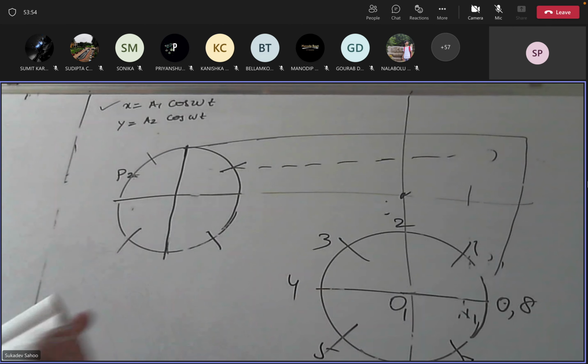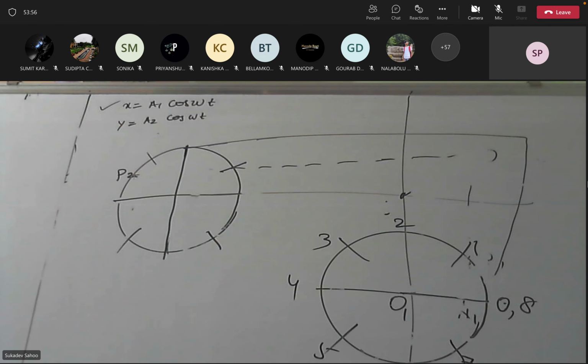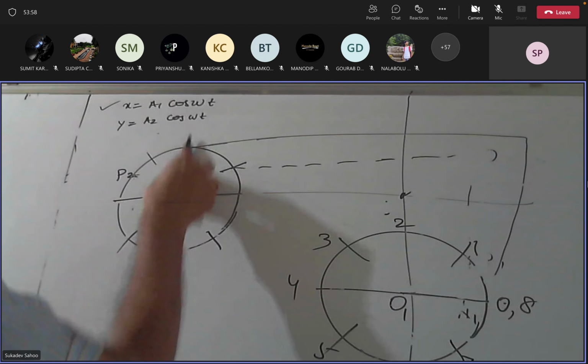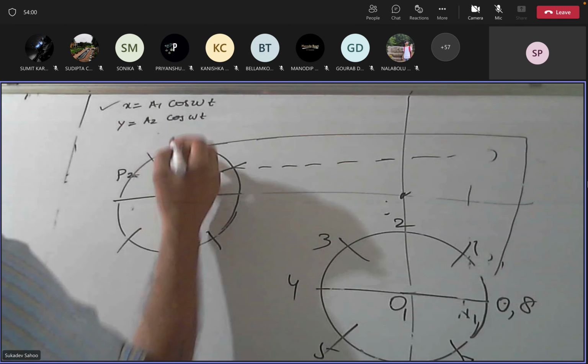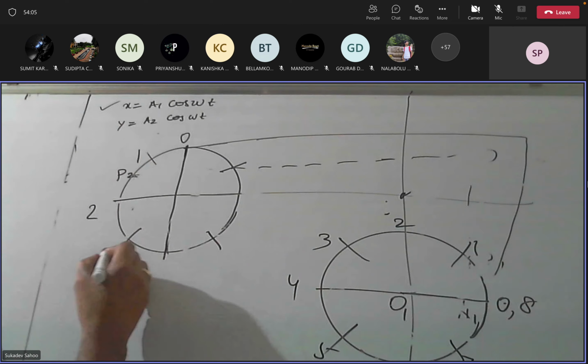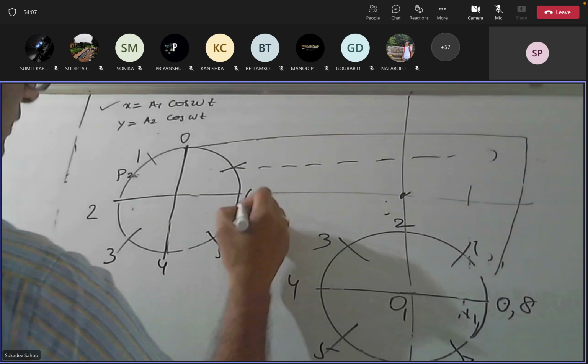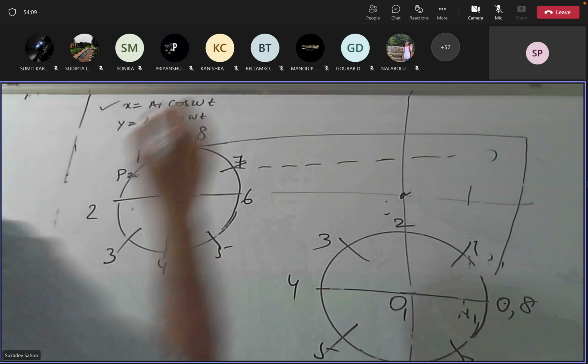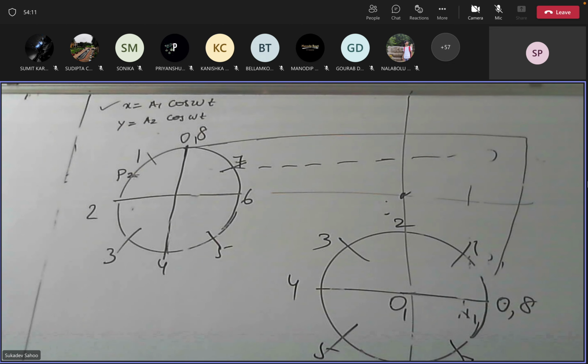Now comes the second one, which is parallel to or along the y-axis. So the numbering will start from 0, then 1, 2, 3, 4, 5, 6, 7, 8. Everybody clear about the numberings?